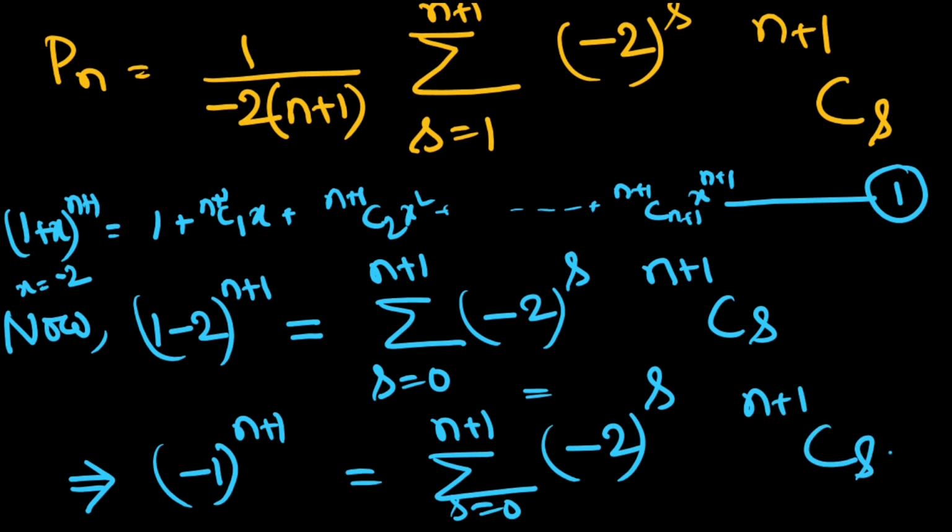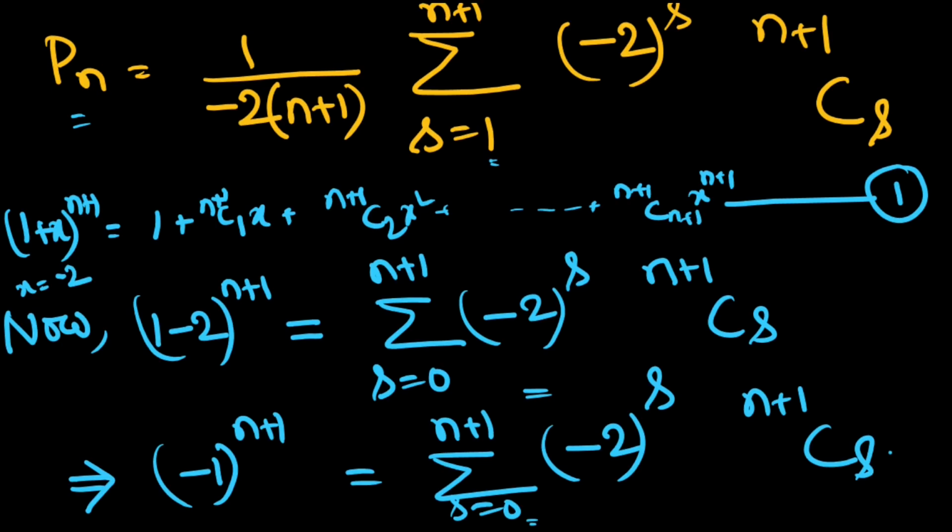But our Pn runs from s = 1 to n+1. Here s is 0 to n+1. So we break it, s = 1 to n+1. This implies (-1)^(n+1) = 1 plus... why 1? Because when we put s = 0 here, it is (n+1)C0, that is 1.